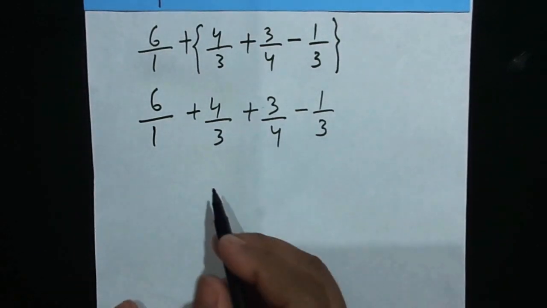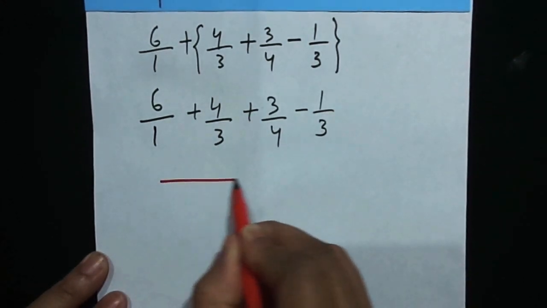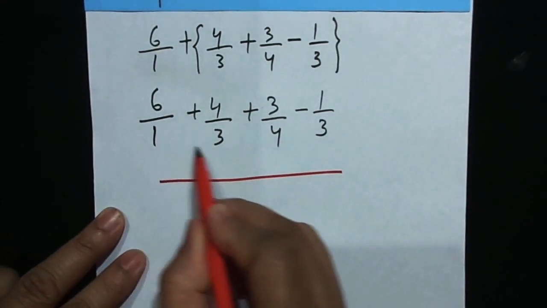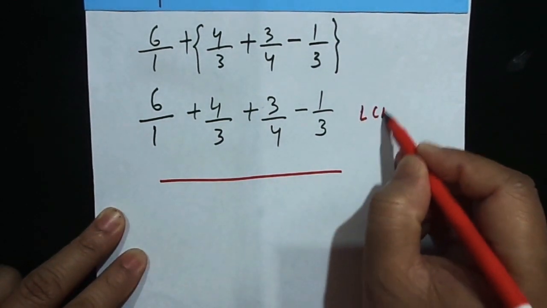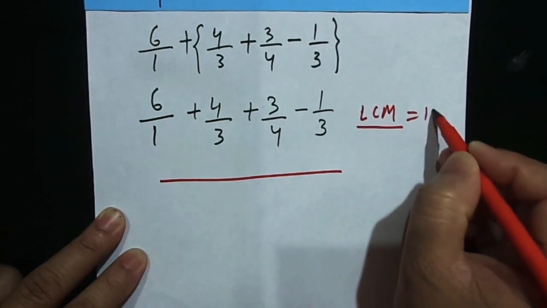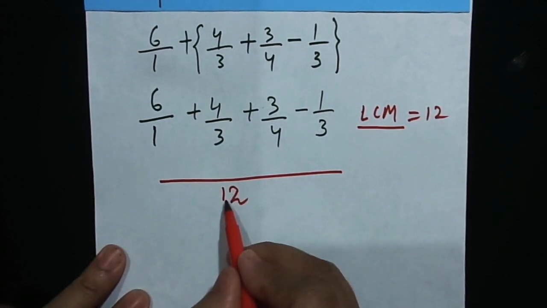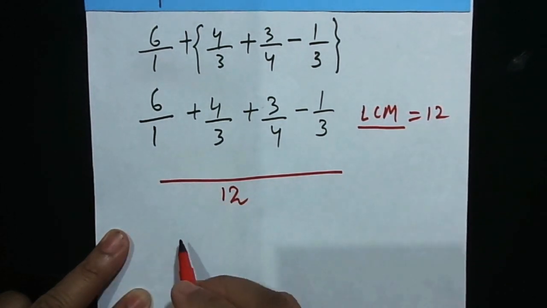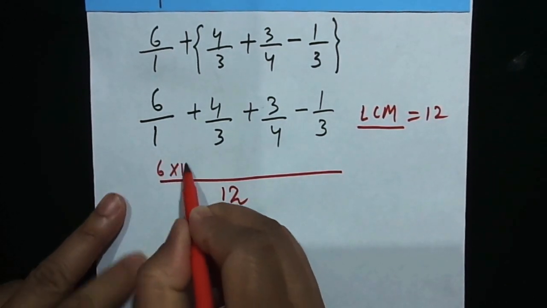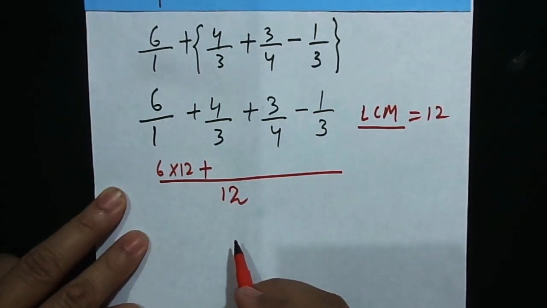So now, as you know what to do, we shall be taking LCM of 3, 4 and 3, and the LCM will be 12. So LCM is equal to 12. Now 12 divided by 1 is equal to 12. So 6 times 12 plus 12 divided by 3 is equal to 4.